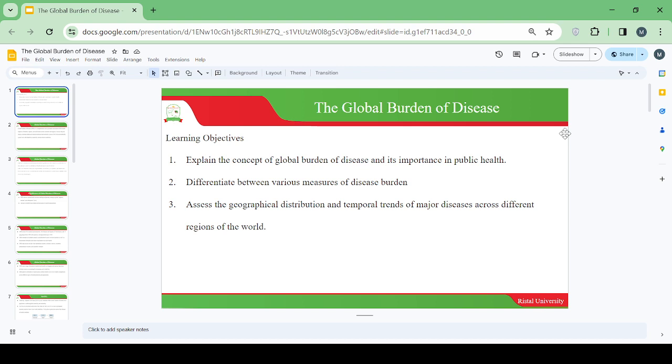When we talk about this, we'll look at what health problems are facing which countries, and then what metrics we use in determining the burden of disease. Then the last point: what is happening where? That is our interest. We need to know what is happening where. So let's move.